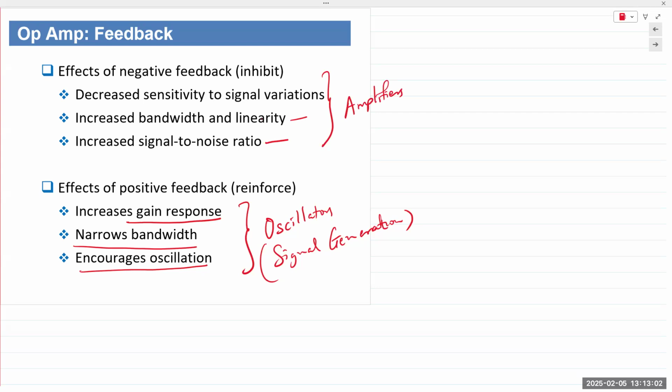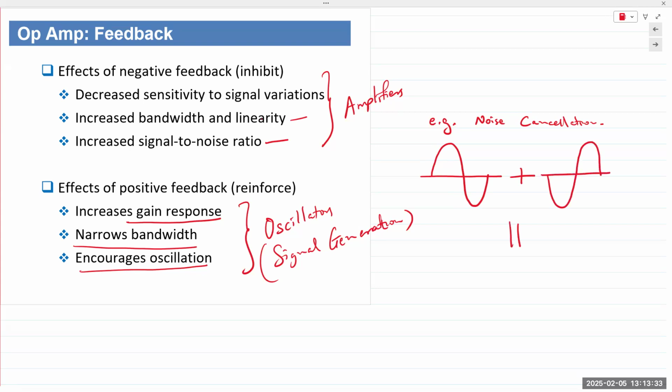Inverting configurations are also used in a real life example: noise cancellation. If you have a signal and you invert it by 180 degrees, the resulting output would be 0.